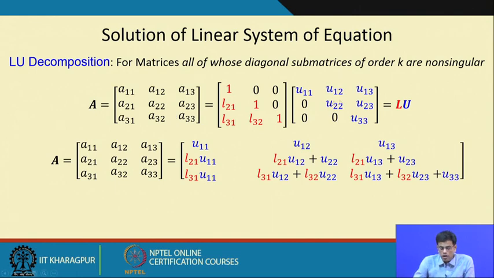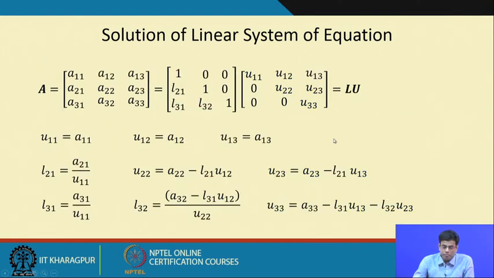Now, if you use this kind of decomposition and multiply these two matrices and write it in this form, we will see how to calculate these Lij's and Uij's.